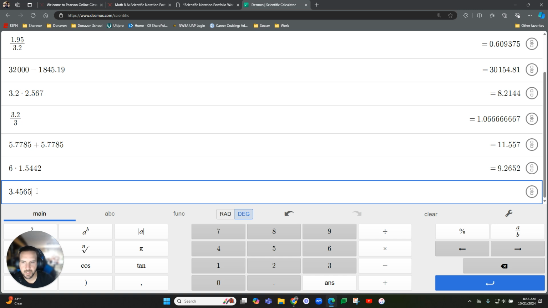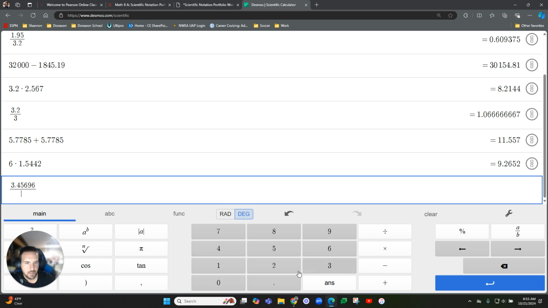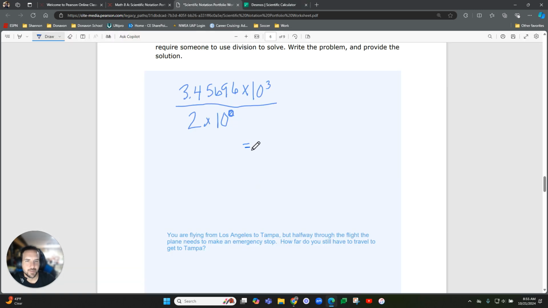I was way off. 4.5696 divided by 2 is 1.72848. And we subtract the exponents. So 3 minus 0 is 10 to the third. This coefficient is a number between 1 and 10, so we're good.